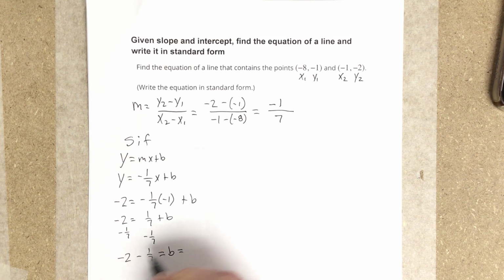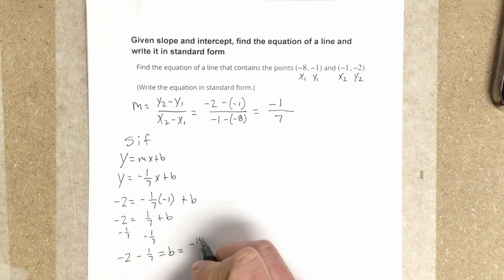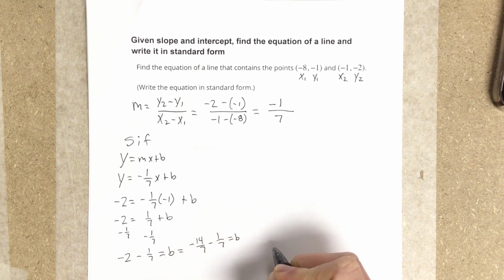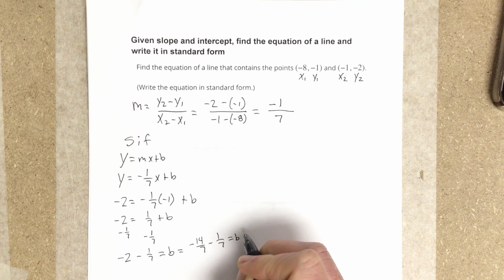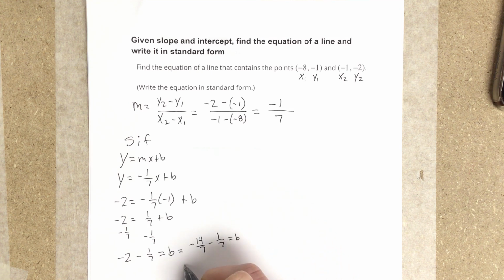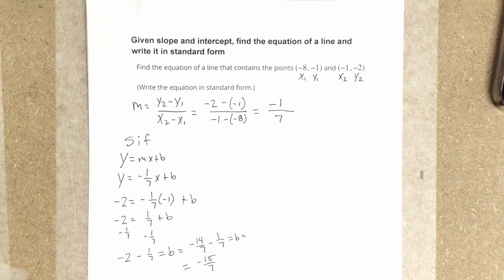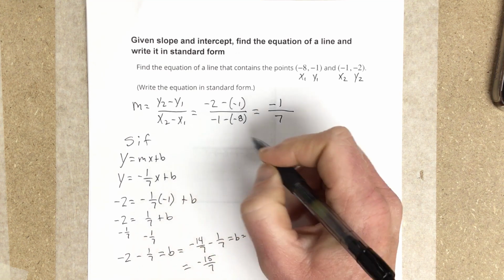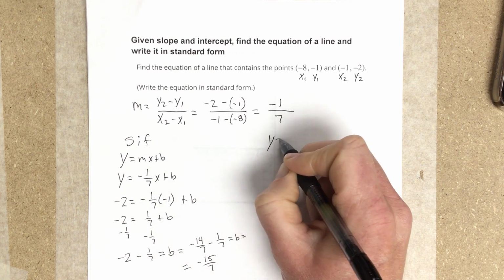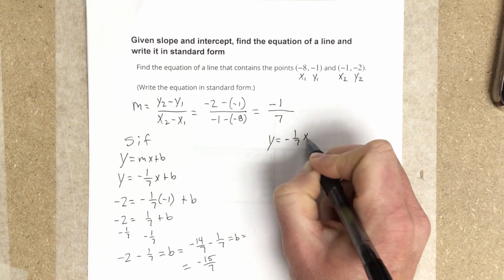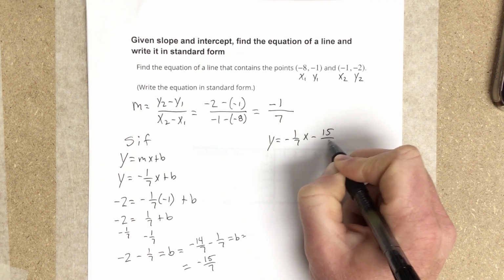Find a common denominator here, that would be negative 14 over 7 minus 1 over 7, which is going to give you negative 15 over 7. So then we can rewrite that as y is equal to negative 1/7 x minus 15 over 7.